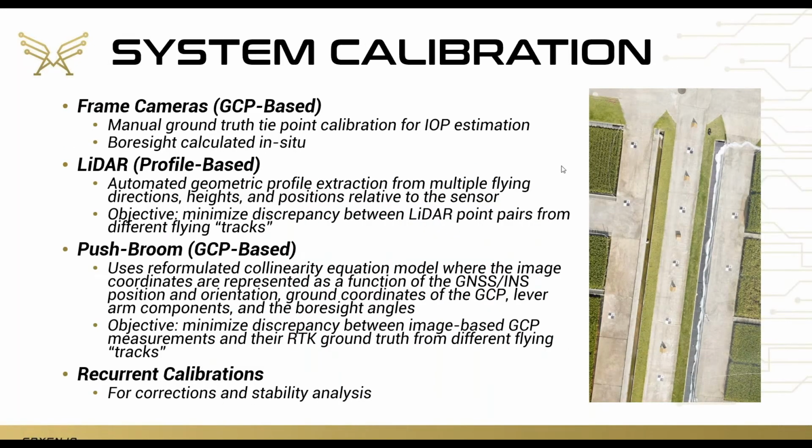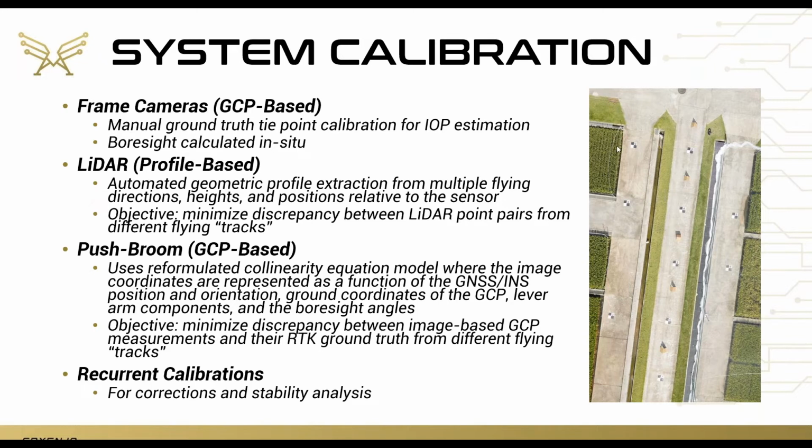How we do that is what we call system calibration, where we fly a special flight configuration over some different types of ground targets in the field and process this data. This is a once a year process we do on a system, either to get the initial parameters or to check the stability over time.